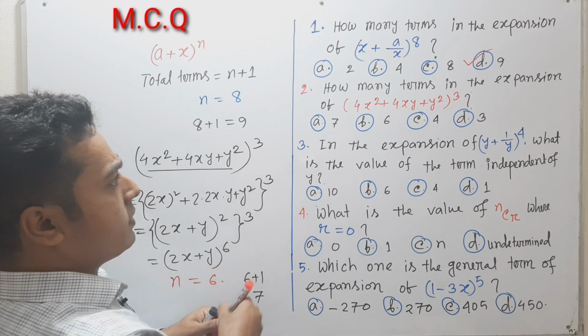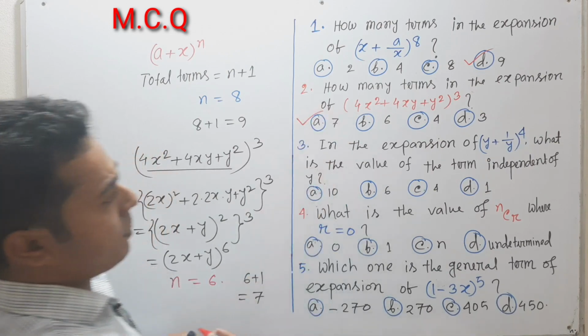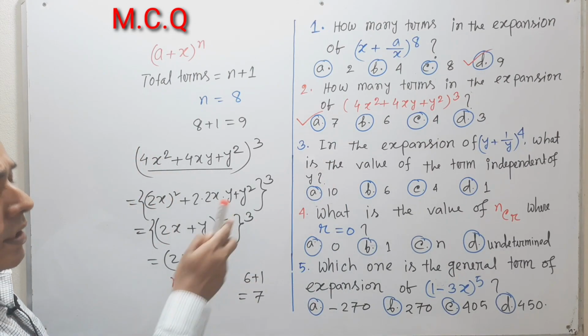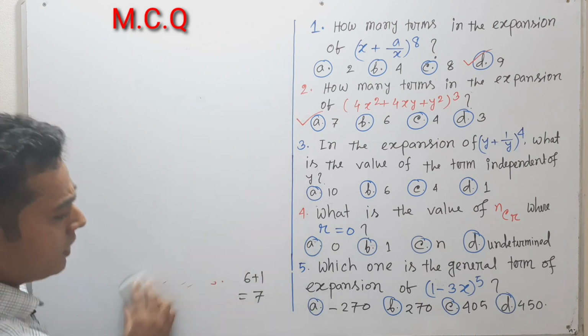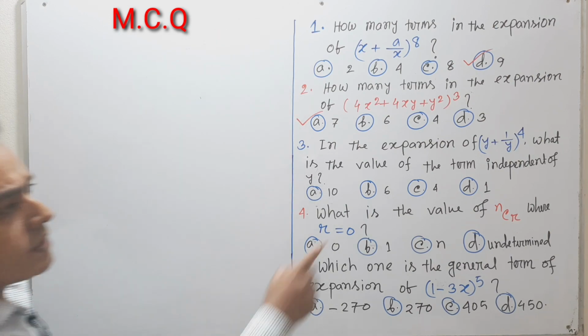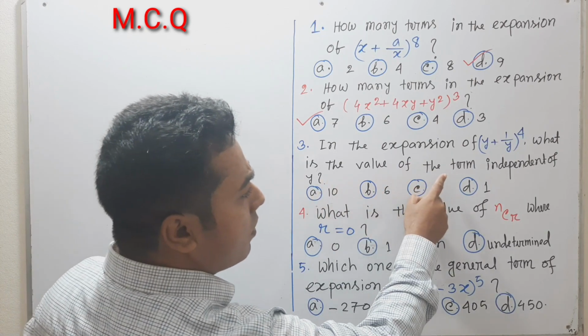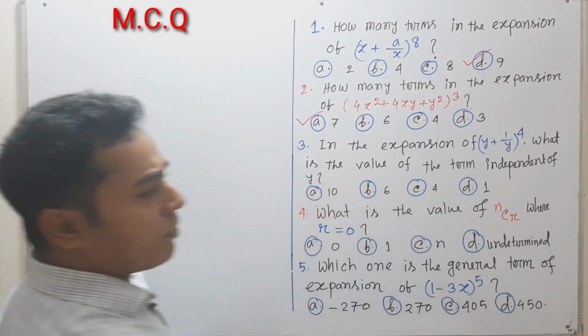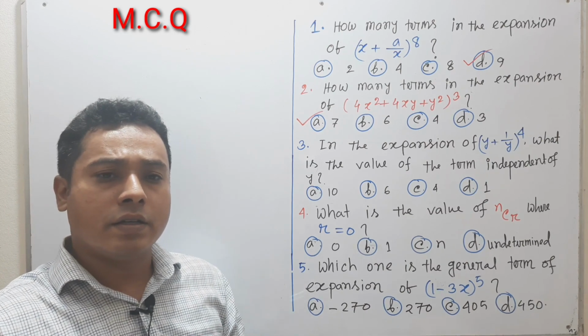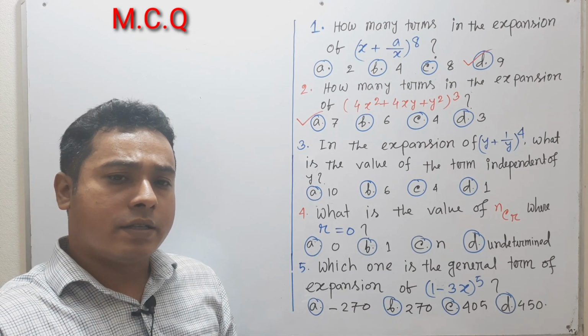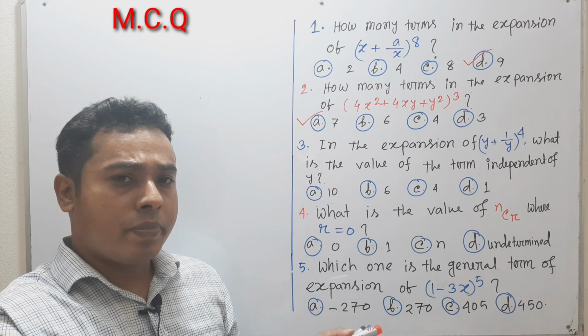Now question number 3. Our question is, in the expansion of this, what is the value of the term independent of y? Independent of y means it is a constant term without y.